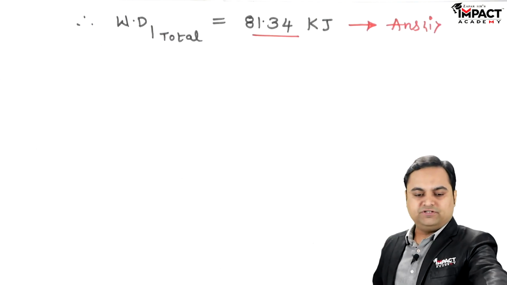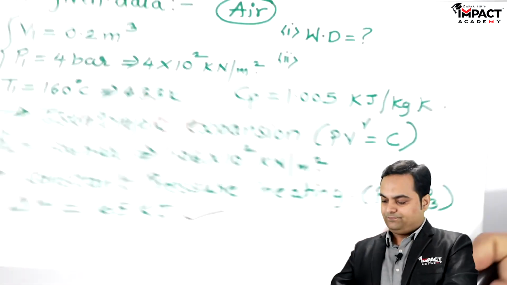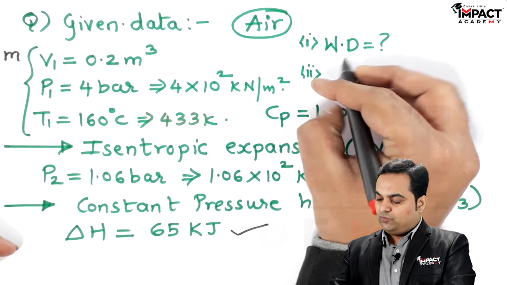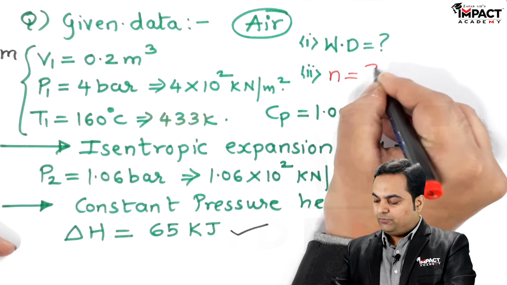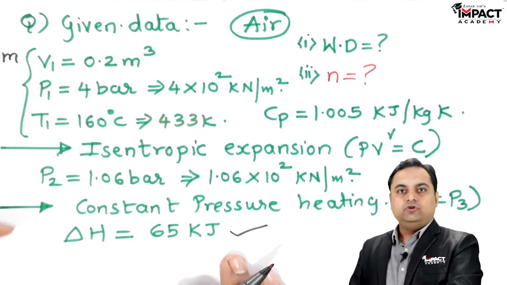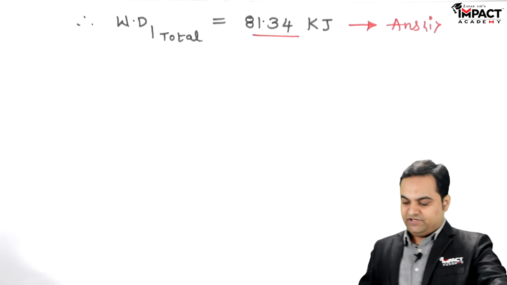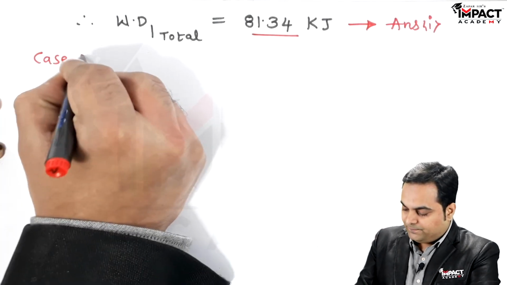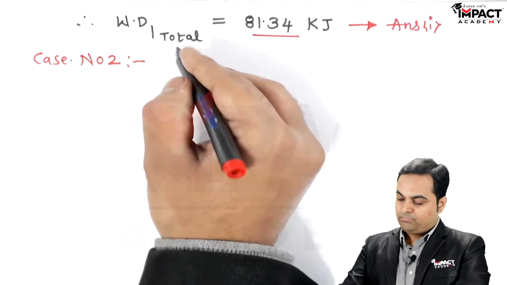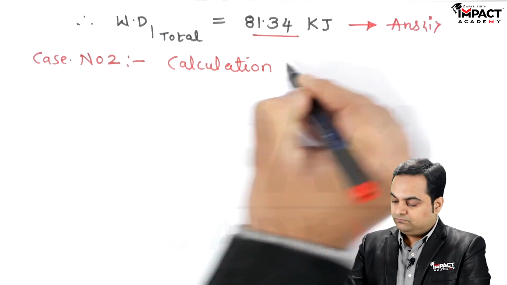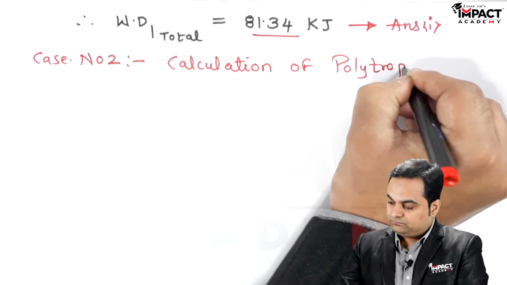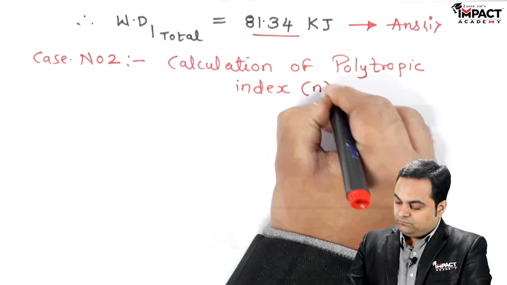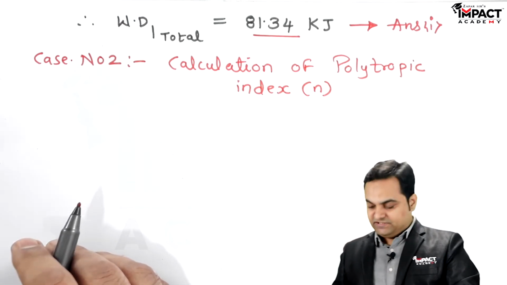So the index of expansion for the polytropic process is denoted by small n, the polytropic index which we have to calculate. So this would be case number second: calculation of polytropic index n.